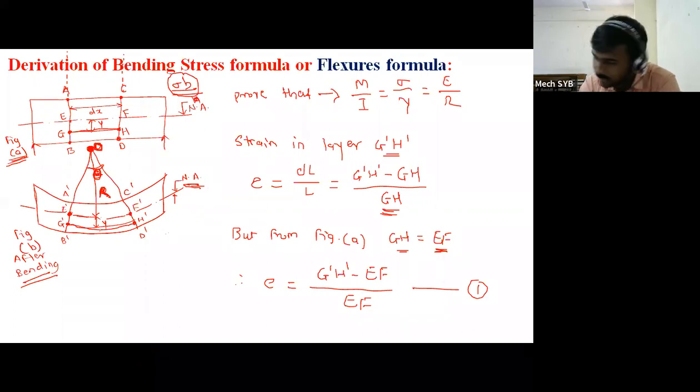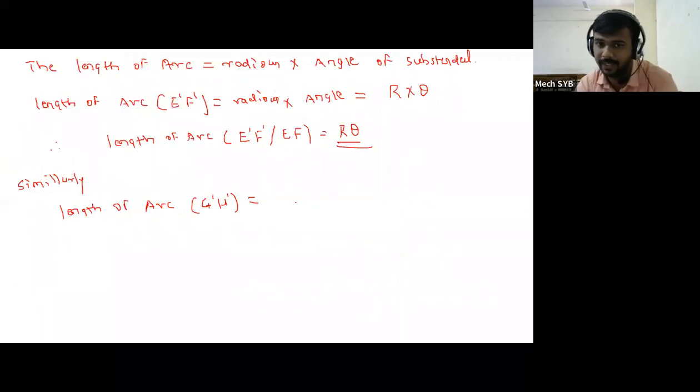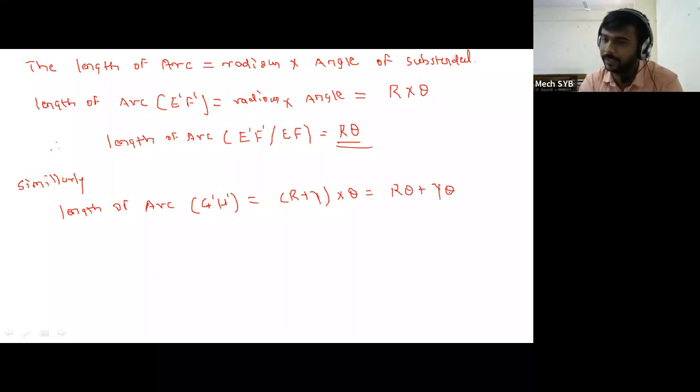It is on the lower side of the neutral axis. At what distance? Distance y. Then tell me the total radius of layer GH, G dash H dash. R plus y, correct? So I will write here R plus y. What is the angle? Theta. R plus y into theta. So what is the answer? R theta plus y theta.